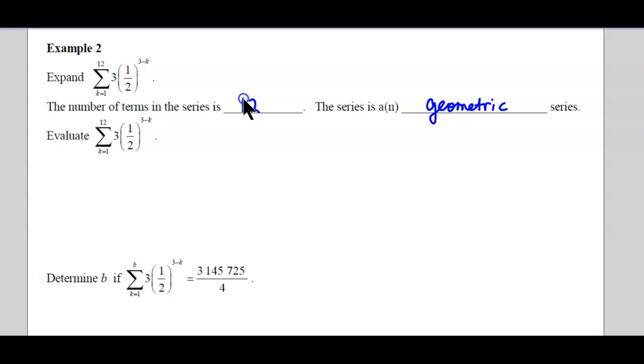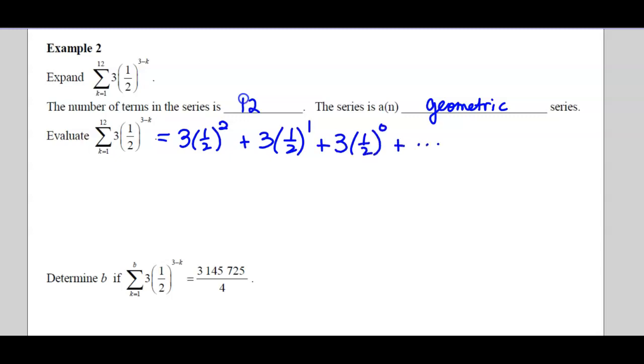If you're not sure, throw a few terms. So I'm going to do that here anyway. When k equals 1, you can write it out, 3 times 1/2 to the squared. Then 3 times 1/2. When k equals 2, that would be 1. Wouldn't it be nicer if you could switch around the k minus 3?